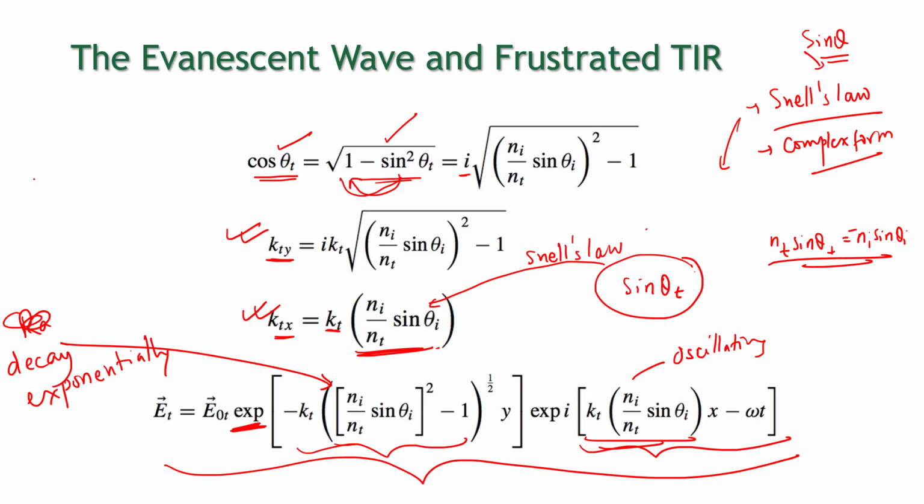That means if we have total internal reflection, it will transmit on this side, but it will decay very, very rapidly. That gives us how it decays. It will decay in a very short distance. It will not go very far, it will just die off.